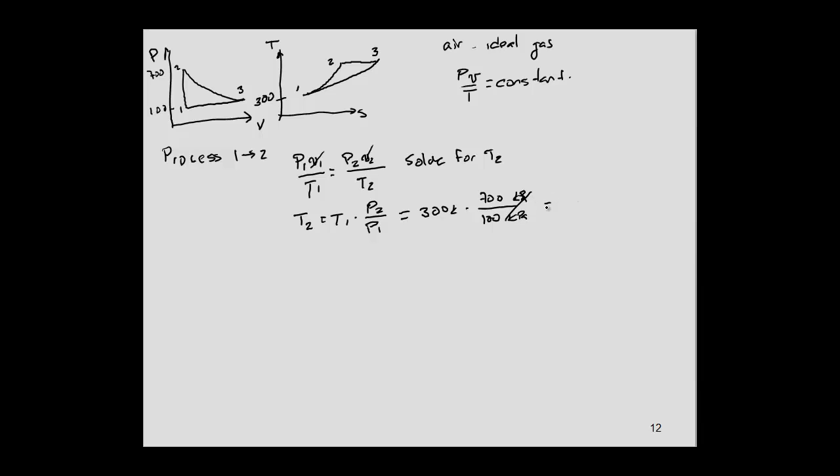Let's cancel. So we have T2 equals 2,100. Now process 2 to 3.